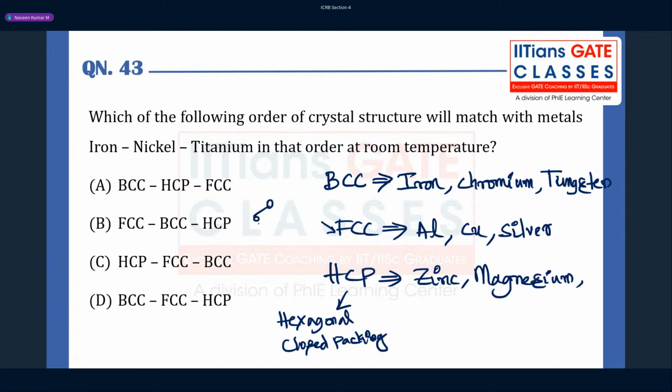You have 6 atoms like this, and here also you have 6 atoms. In between you have 3 more atoms like this. These are hexagonally closed packing atoms. So magnesium and titanium. Titanium is also one of the options.